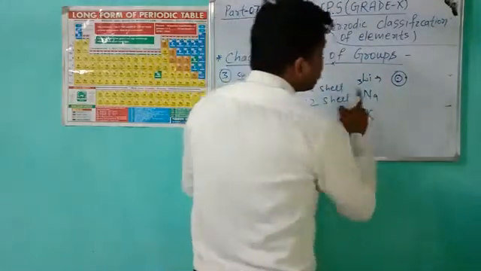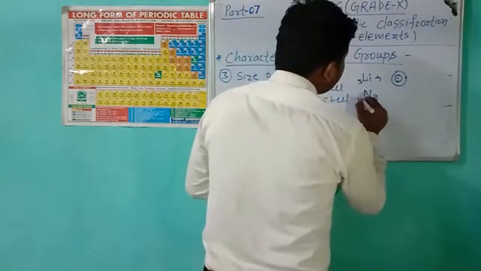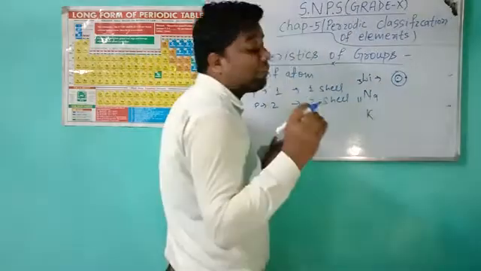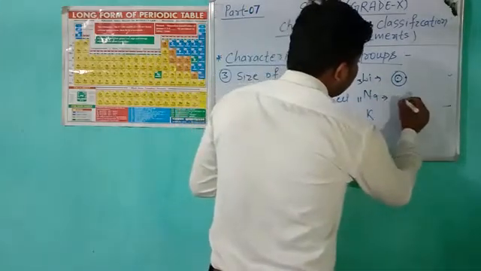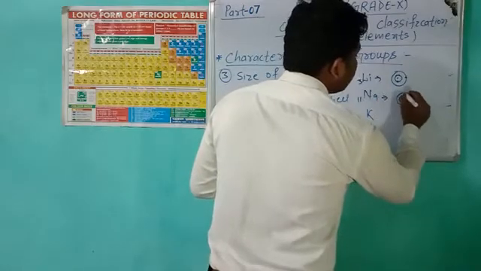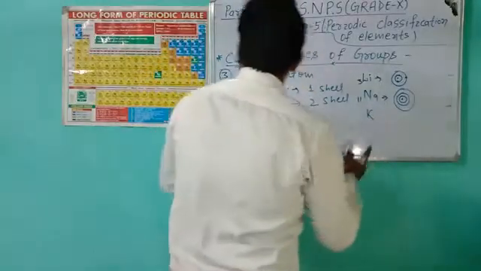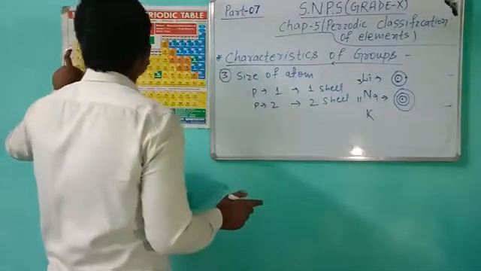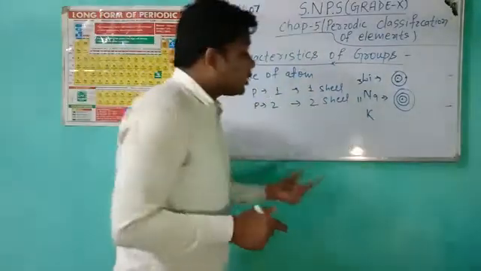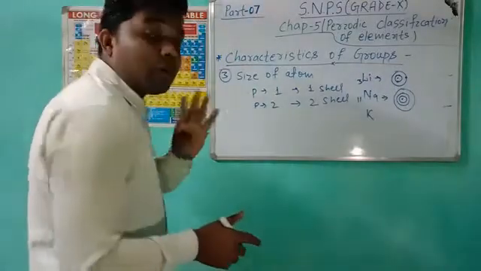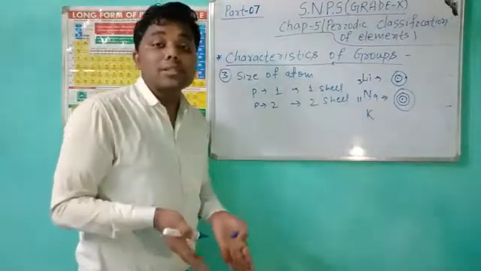The next is sodium, which has an atomic number of 11. So it has 1, 2 and 3 shells, because it is present in period number 3. Similarly, potassium is present in period number 4, so it has 4 shells.